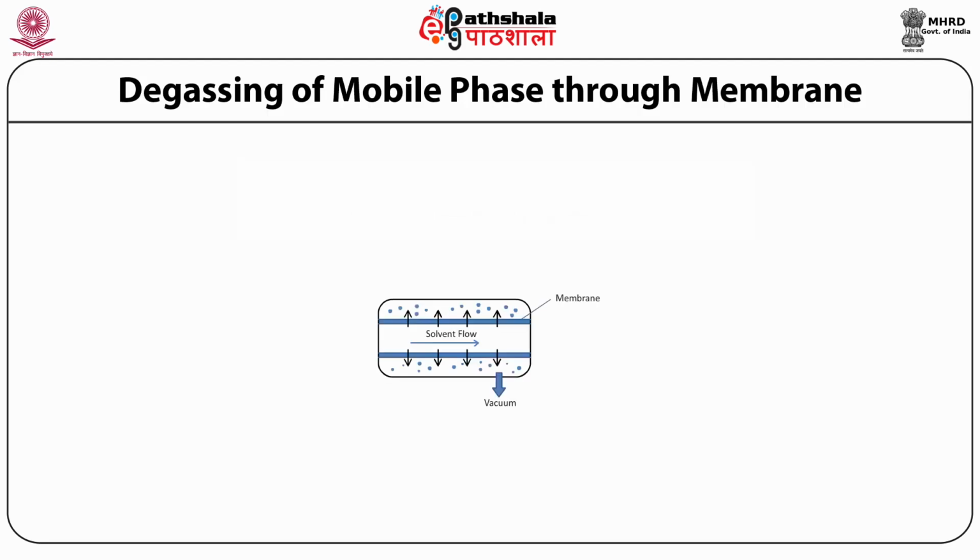Since air can diffuse through the membrane but solvent vapors cannot, the dissolved air is removed from the solvent before it reaches the pump. The membrane degassing module is installed immediately upstream of the pump into the inlet line, so that redissolution of air into the solvent can be prevented.